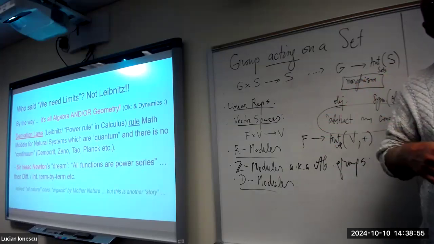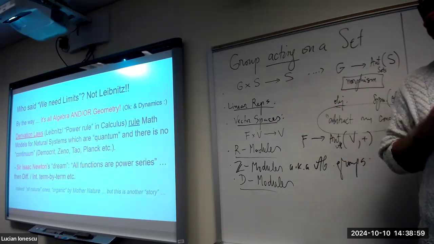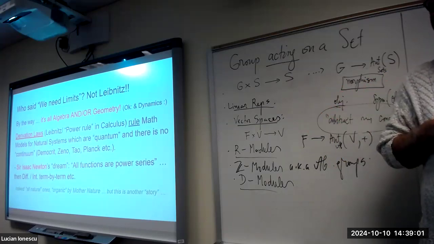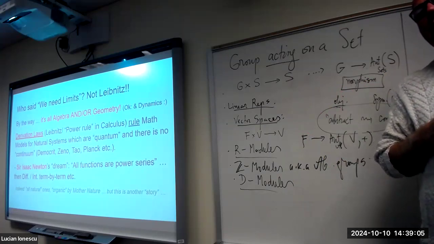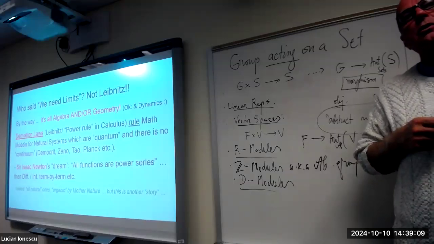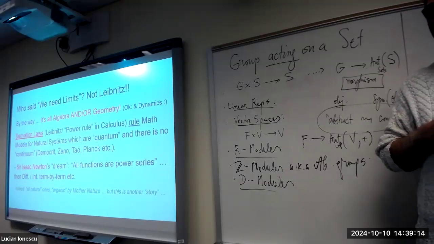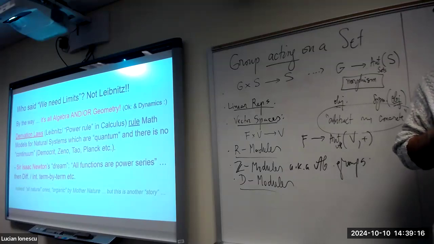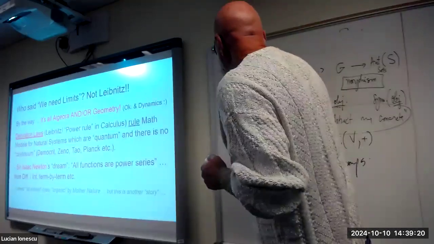But we all know that reality is quantum, everything is discrete and so on. But then how do we get rid of limits and real numbers? How do we do calculus? Well, to do calculus, you need to have a derivative, a derivation law. And this can be done algebraically. That's another important idea.